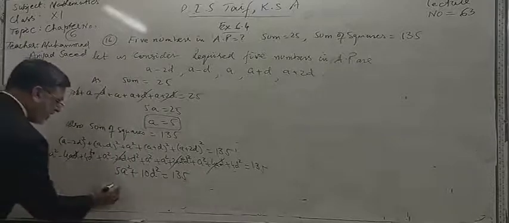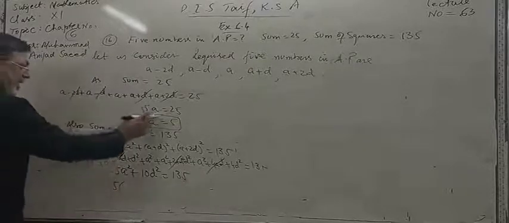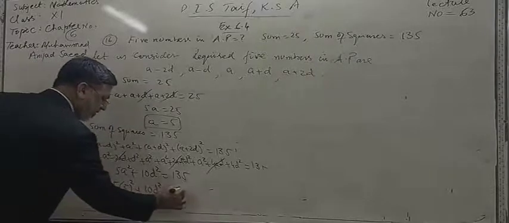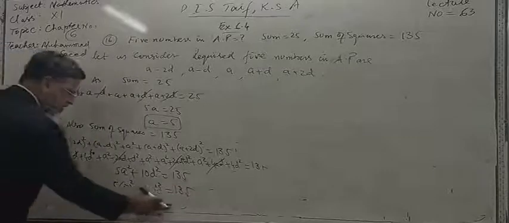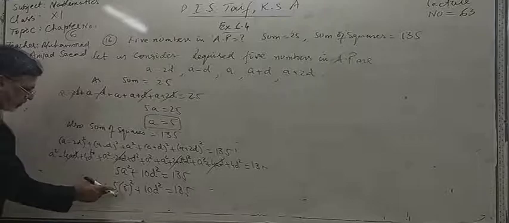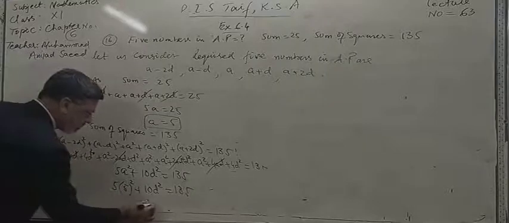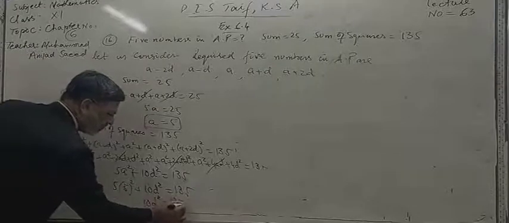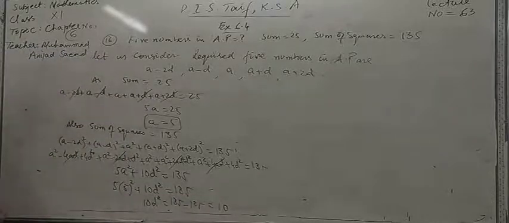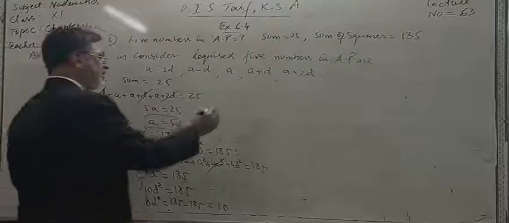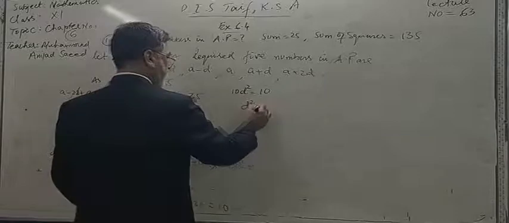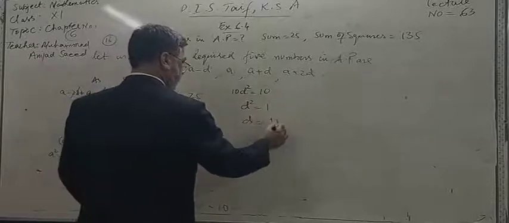What is the value of A? This is 5, so 5 times 5 square. Dear students, 5 square is 25, 25 into 5 is 125. So 10D square is equal to 135 minus 125, that is equal to 10. So we have 10D square is equal to 10, D square is equal to 1 and D is equal to plus minus 1.